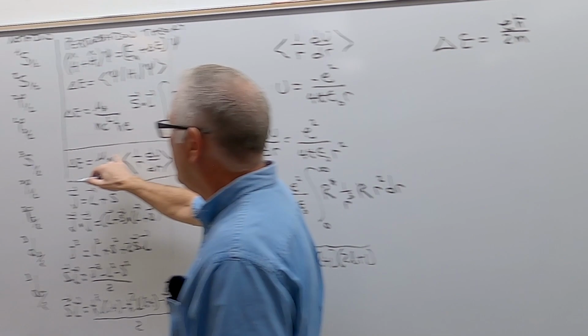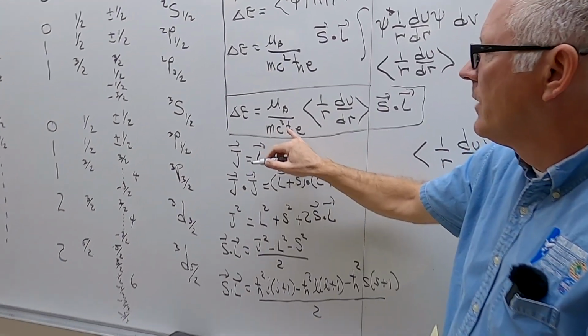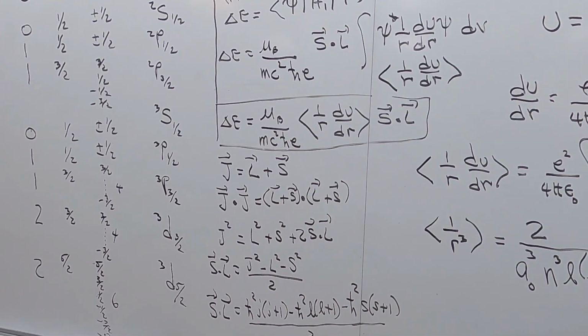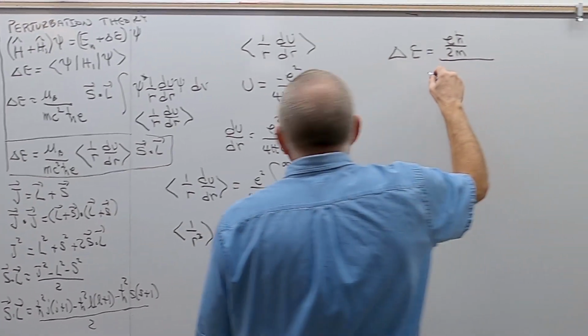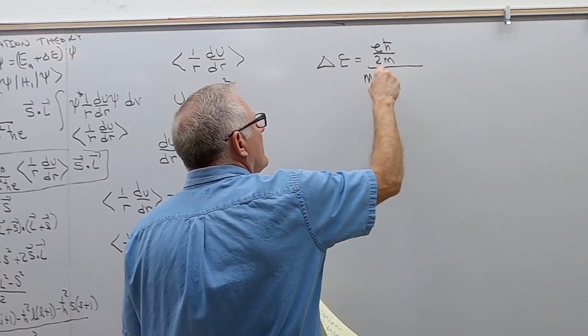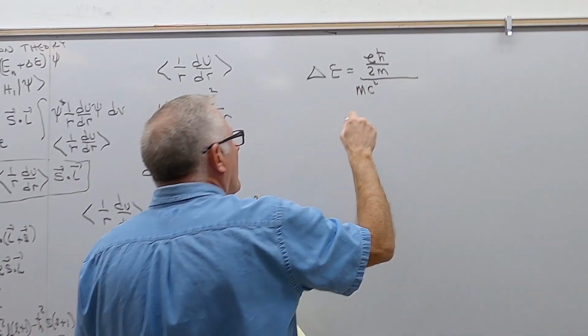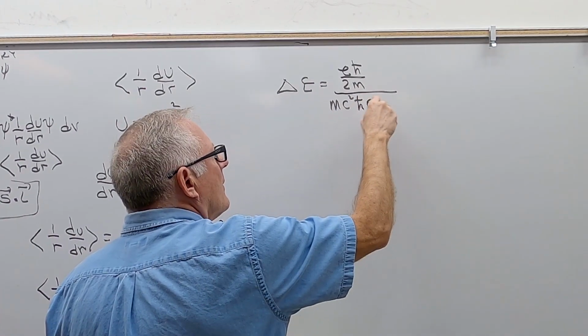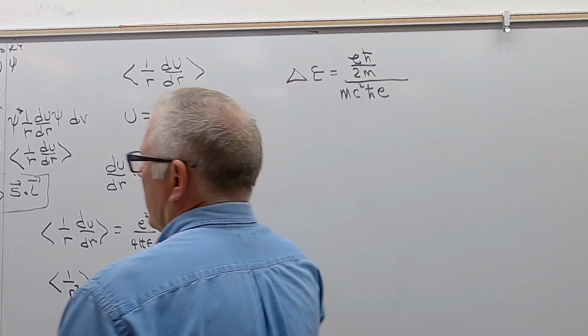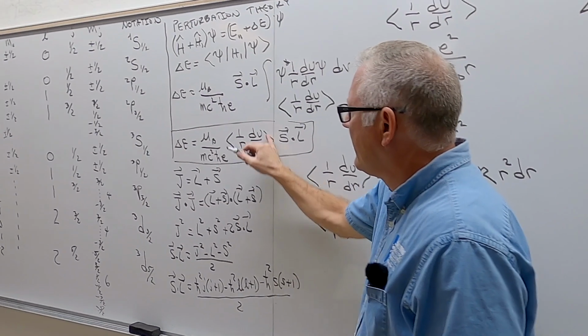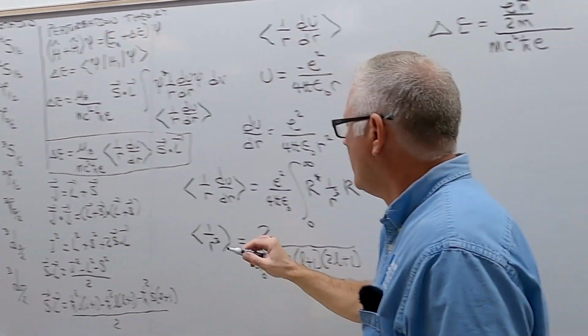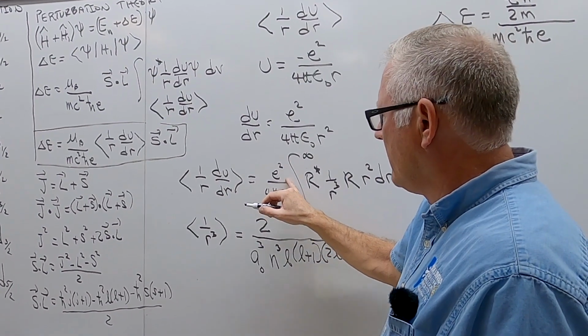So that's mu B, all over m c squared h bar e, times this term, which is this times this.